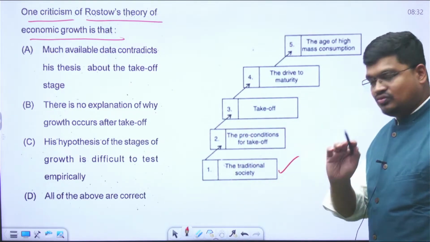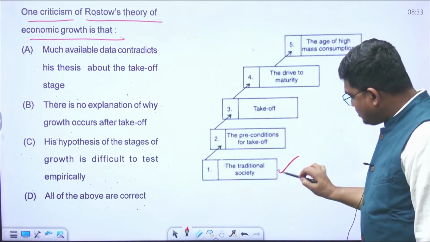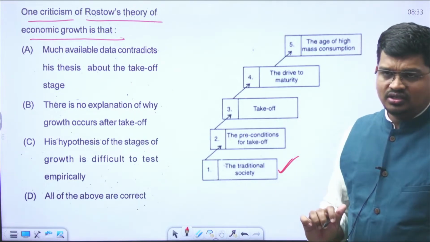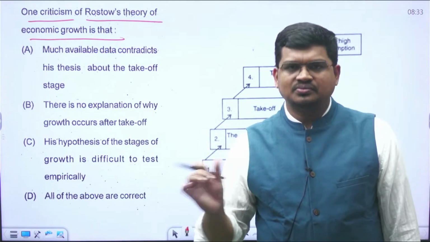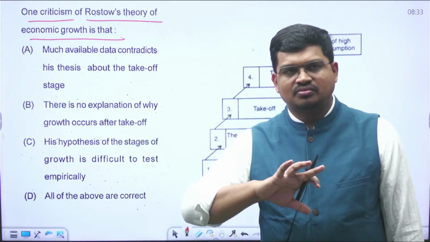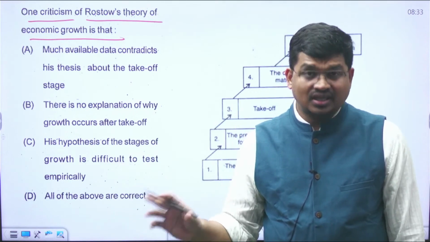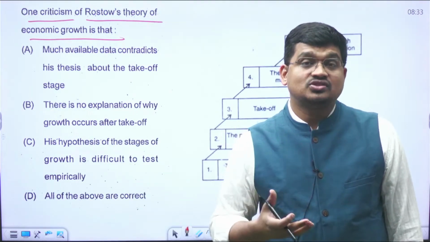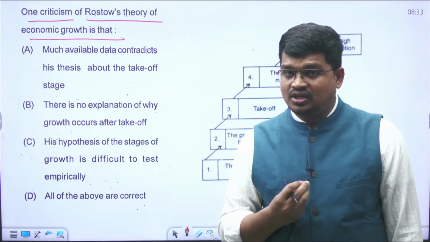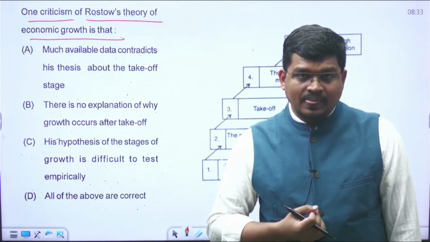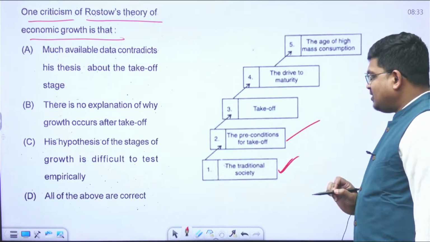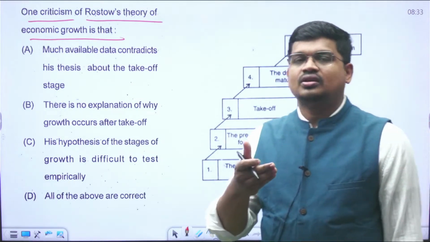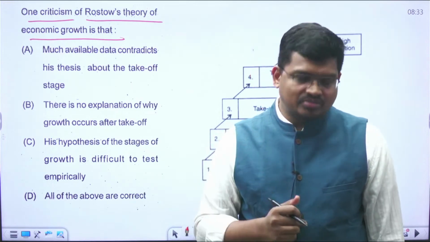First, a country starts with the traditional society. Traditional society means simply a barter system. No such money was there. You can see India's case also: India had this barter system, no modern currency system. So that is traditional society. Then preconditions for takeoff, slightly improved with respect to that.